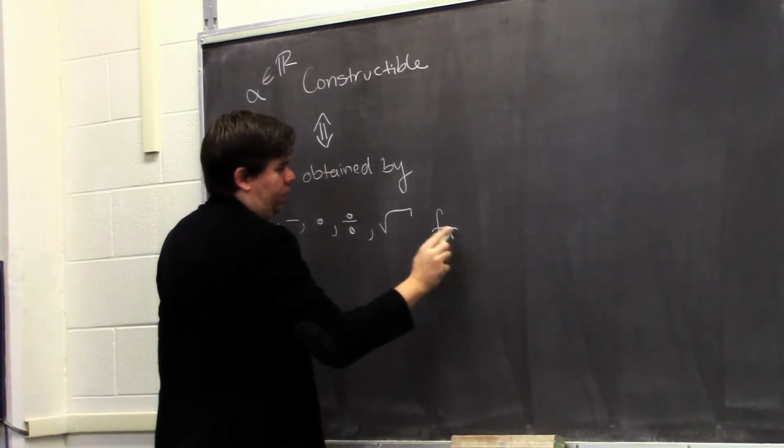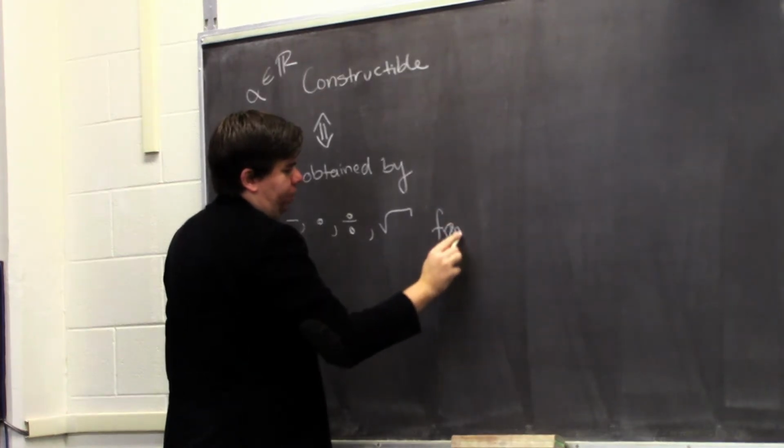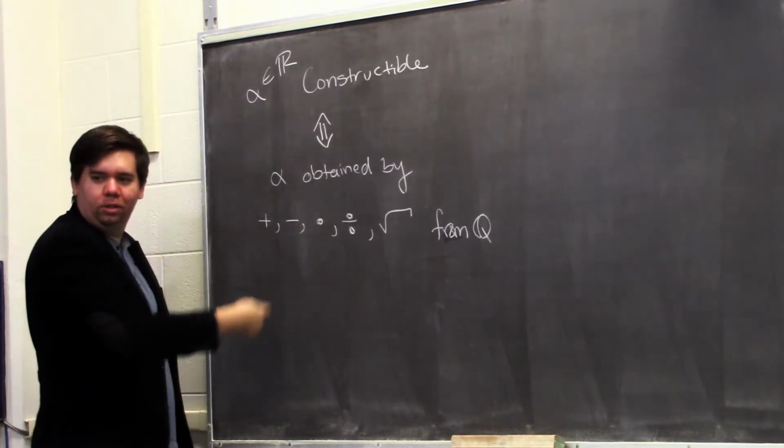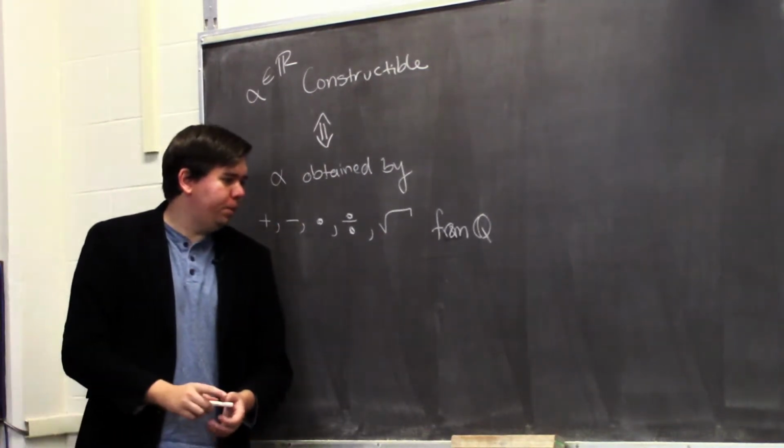So from 1, or more generally, we'll just say from the rationals, because you can immediately get the rationals from just addition, multiplication, and division of 1.